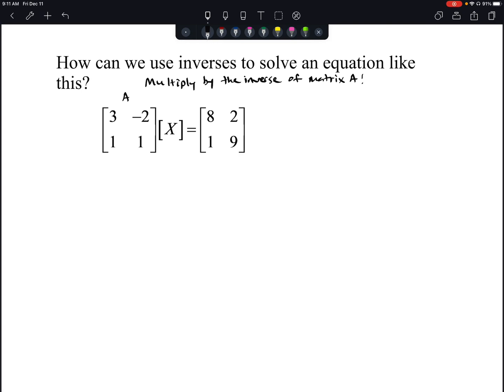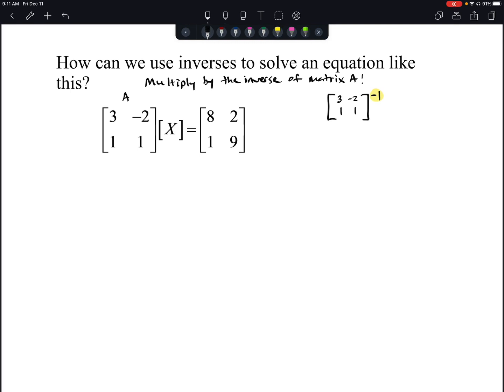What we would need to do then is take it and find the inverse of matrix A to begin. So if we have 3, 1, negative 2, and 1, and we're trying to find the inverse, remember, the inverse is denoted with that little negative 1 up in the exponent.